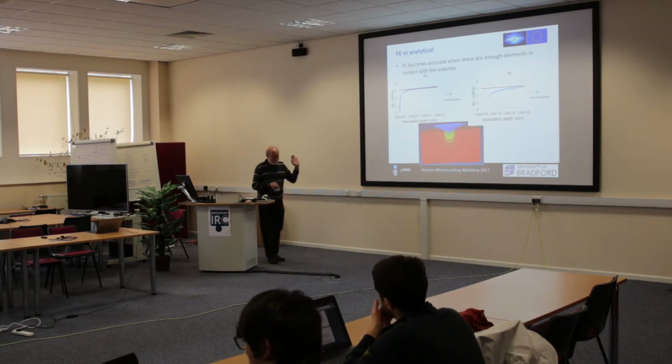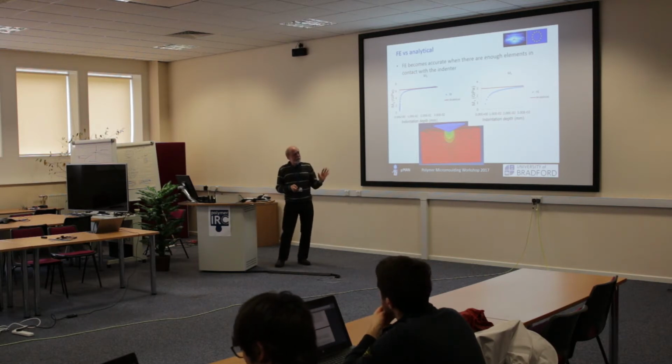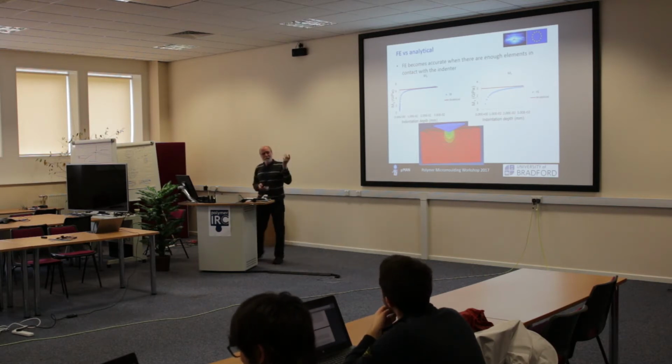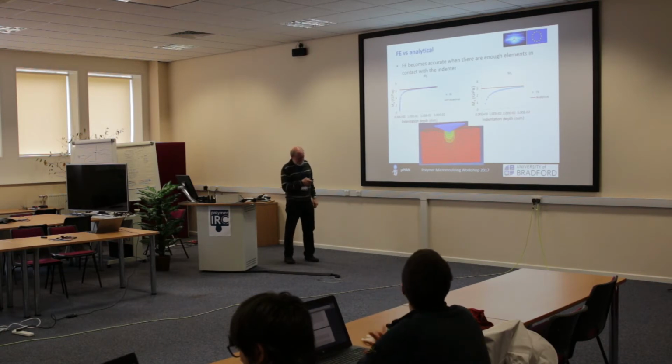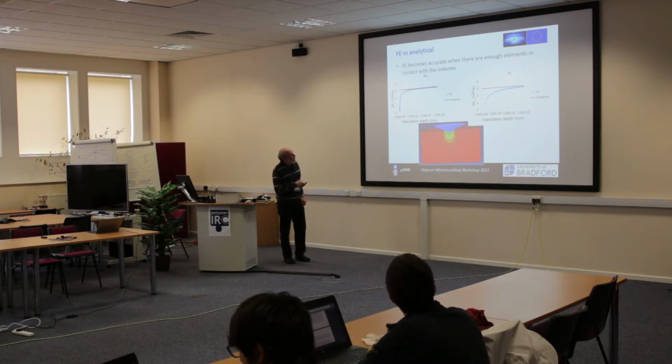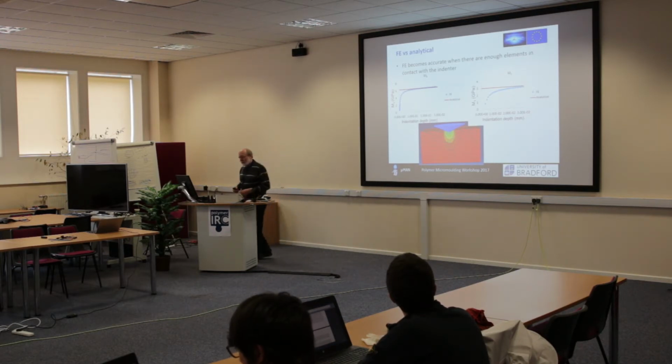In fact, M3 is where you're indenting down the draw direction, so it's an axisymmetric problem. So the formula for M3 is actually an exact solution. The analytical expression for M1 is an approximation. So we're actually comparing one approximation with another here, because the guys who developed these formulae found it's an easy solution for the axisymmetric case, but for the other case, they had to make an assumption about the contours of stress or strain.